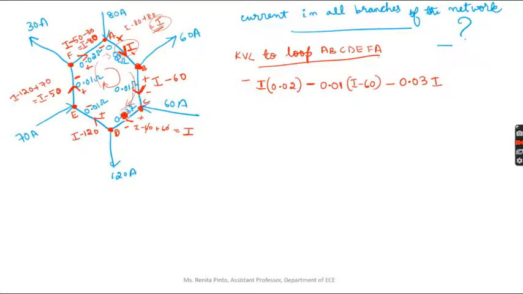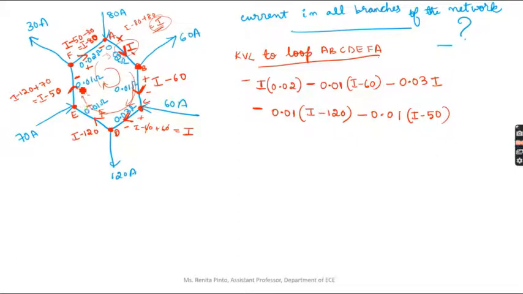Next, from here again I will go like this. Again I am entering positive, so it will be minus 0.01, the resistor, times current I minus 120. Next, from here I am going like this again. Again 0.01 is the resistor, so 0.01, current is I minus 50.